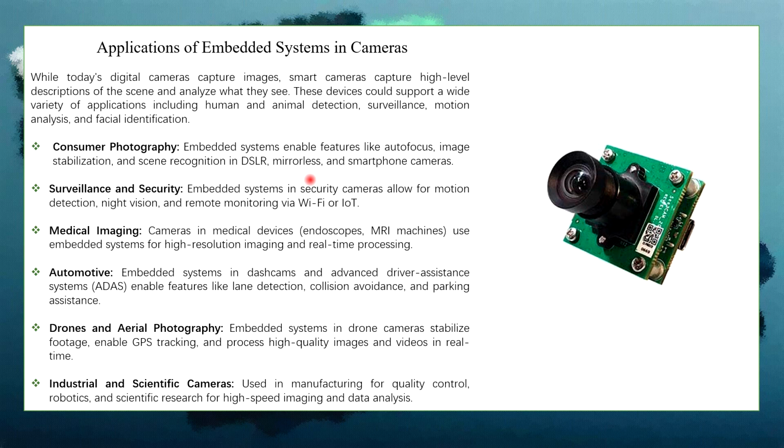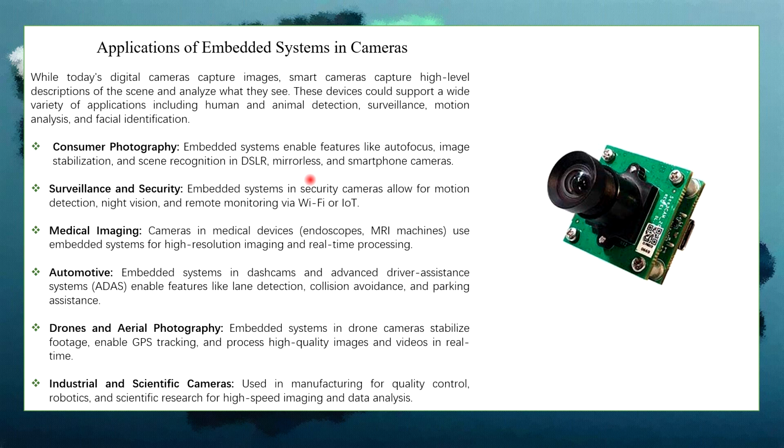Embedded systems in security cameras allow for motion detection, night vision, and remote monitoring via Wi-Fi or IoT. Medical imaging. Cameras in medical devices, endoscopes, and MRI machines use embedded systems for high-resolution imaging and real-time processing.